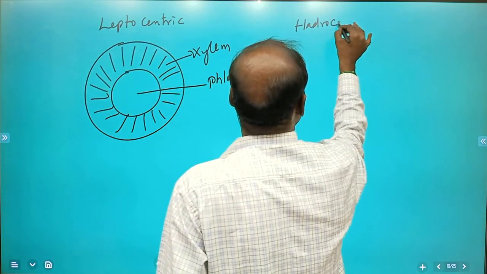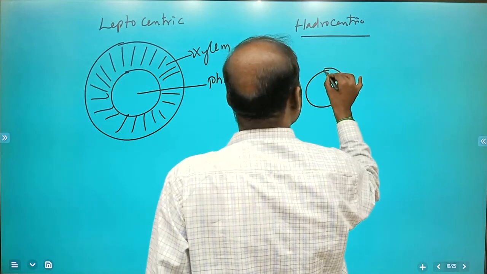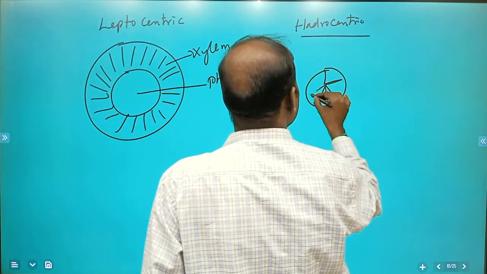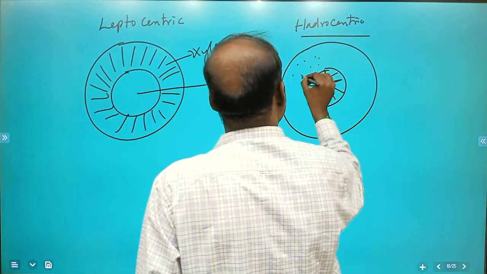Hadrocentric means xylem in the center surrounded by phloem.